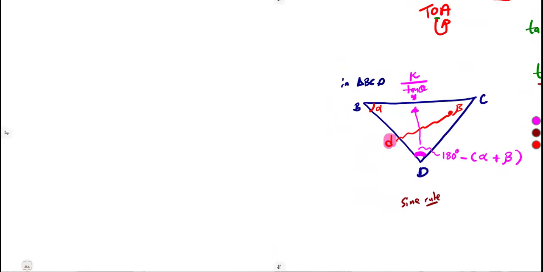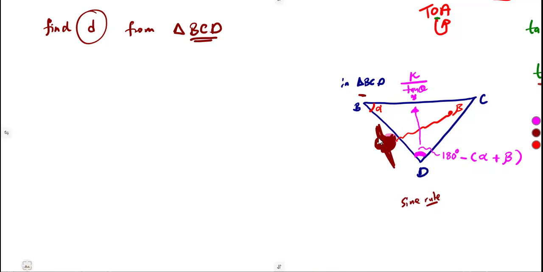From this triangle that we are given, we must find D in terms of those letters from our question. So in triangle BCD, how can we find this side BD?